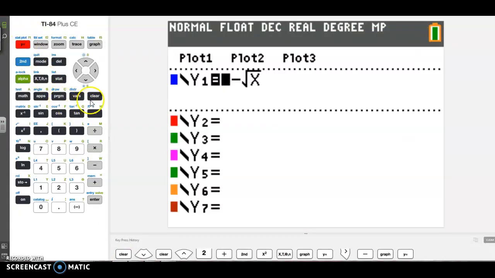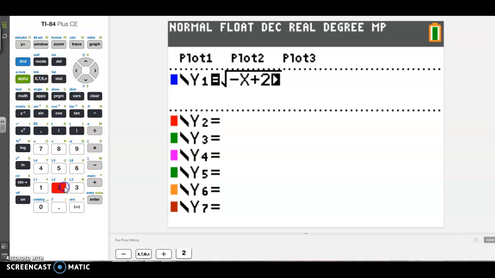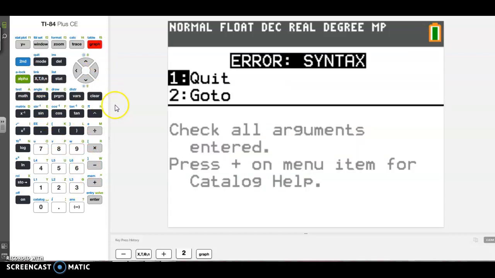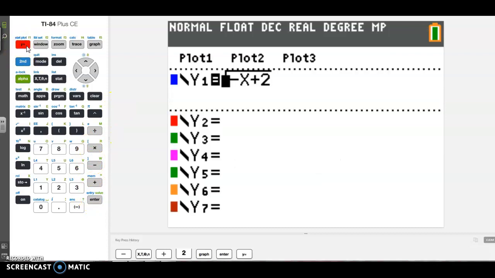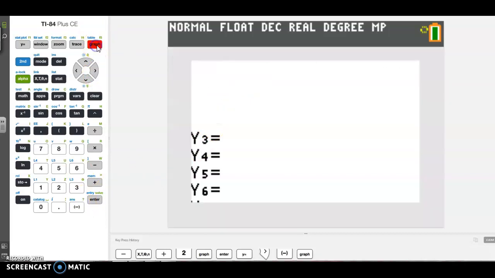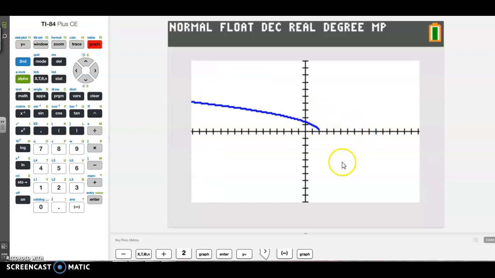So if I throw this in a calculator, so the square root of negative x plus 2, graph it. Uh-oh. Syntax error. Let's see, what did I mess up? Oh, okay. So it yelled at me because I used a minus sign instead of a negative sign. Whoopsies. All right, so there's my graph.